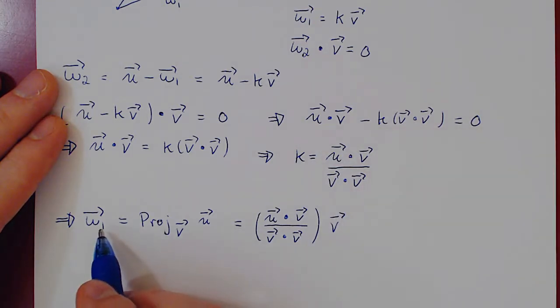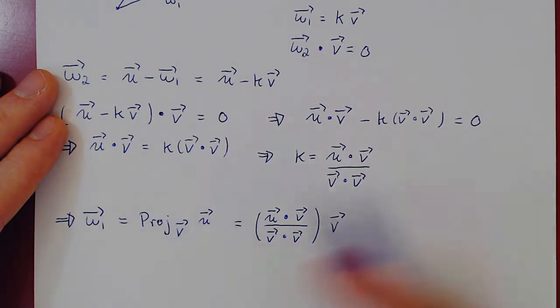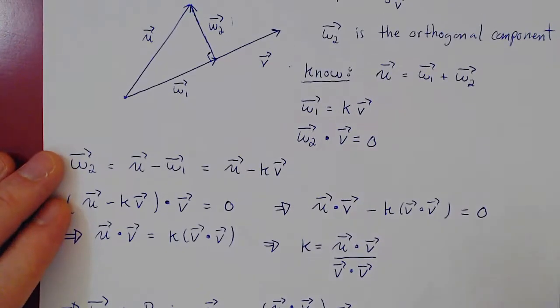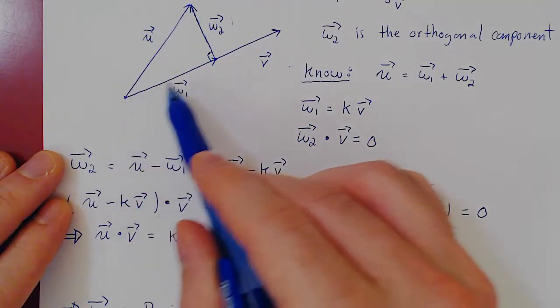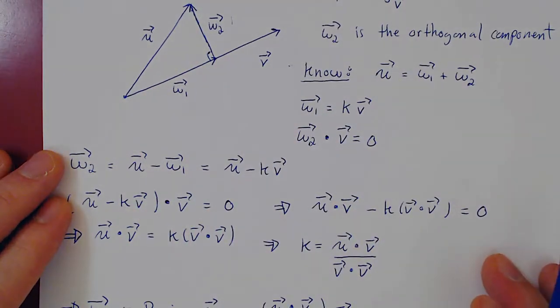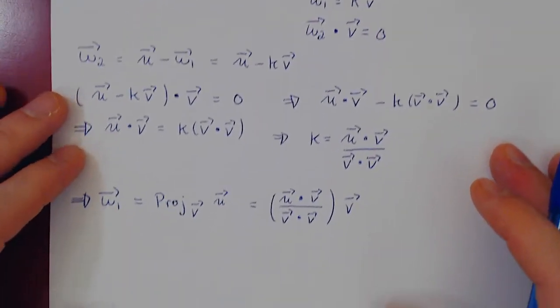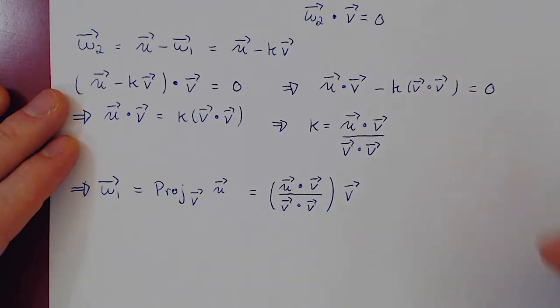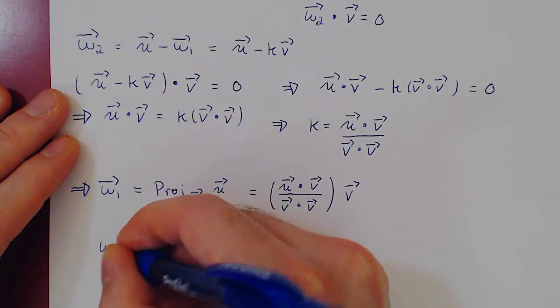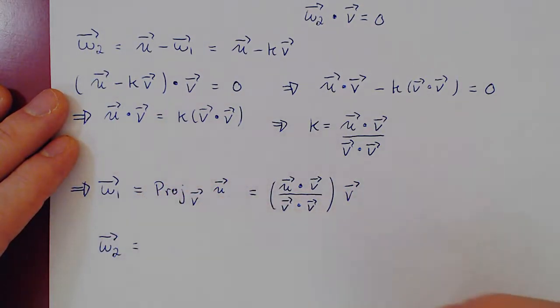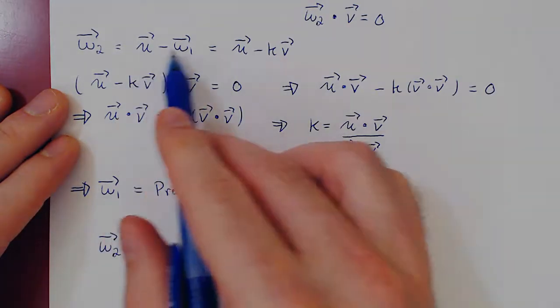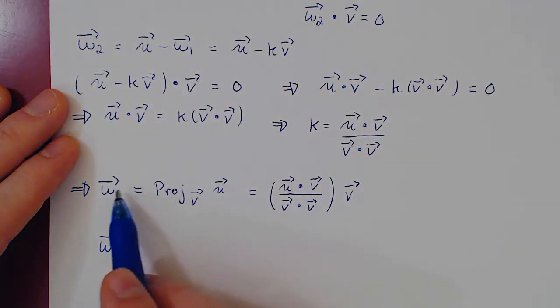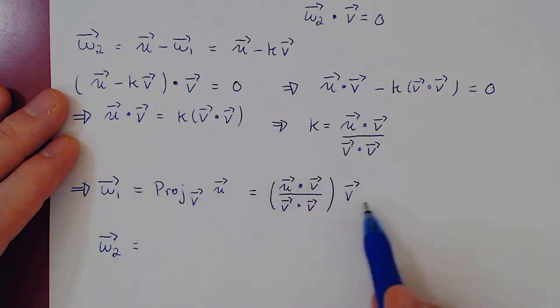You have the projection of u onto vector v, and that is again the component of u parallel to v. And now we want the complement, the orthogonal component, and that's just w2. That's quite simply u minus the projection. So you can find your projection first with this formula.